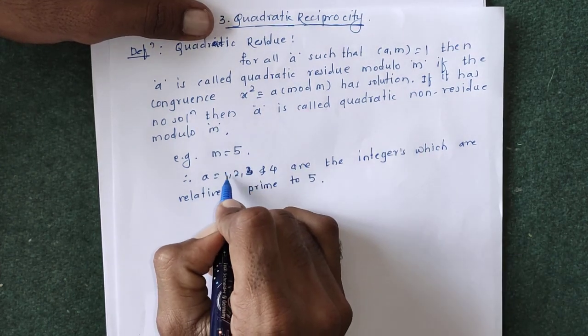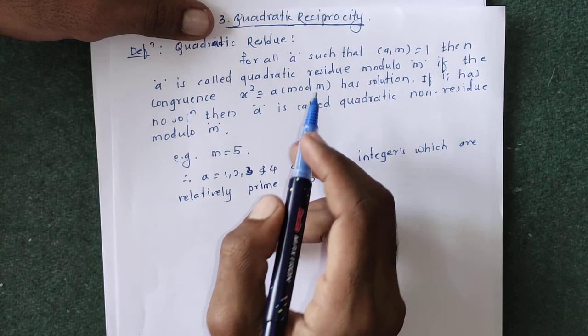Now we are going to check one by one whether these integers satisfy this congruence or not.